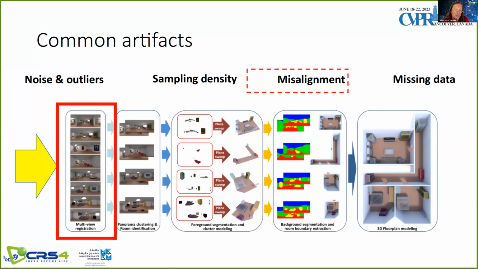Problems with misalignment can also occur in multi-view acquisition, because you can have errors in the localization of individual frames. This is a relatively standard problem for multi-view, but as we mentioned before, since you do not have a lot of feature points that are detected in textureless areas, it is often harder to align multiple views.